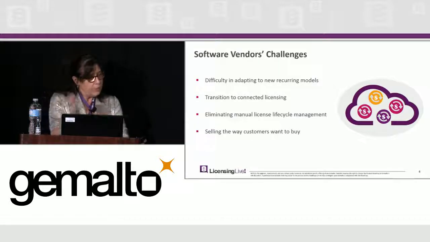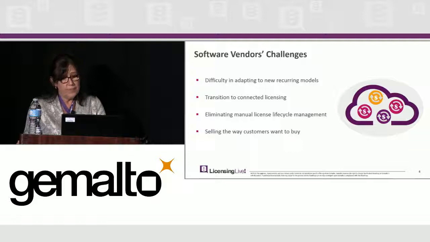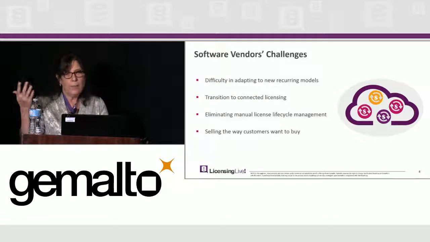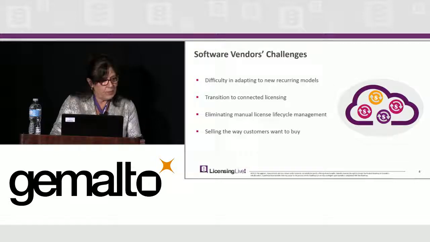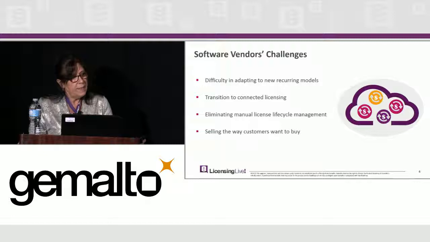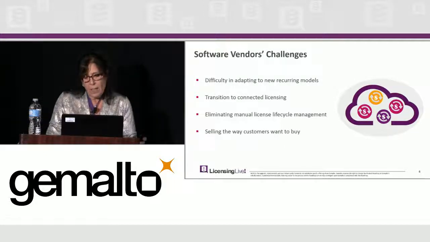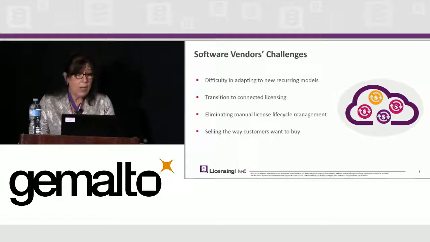So given that evolution that you just saw, the challenges that software vendors are facing, and we heard a lot about that in quite a few of the sessions yesterday, so I'll just reiterate some of that. We see that the challenges start with the fact that it's hard for them to adapt to new recurring revenue models from every aspect.